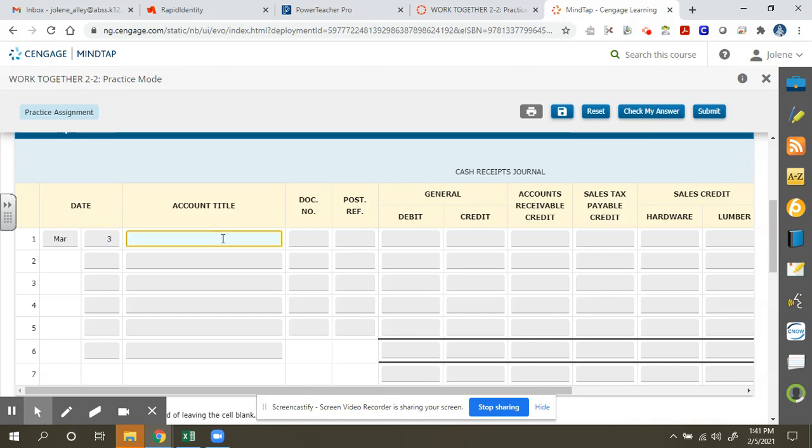But there's different reasons for it. The first one says, received cash on account from Andrews Homes for lumber purchased of $12,458.95 less the discount. Now I need to show you what this discount means.